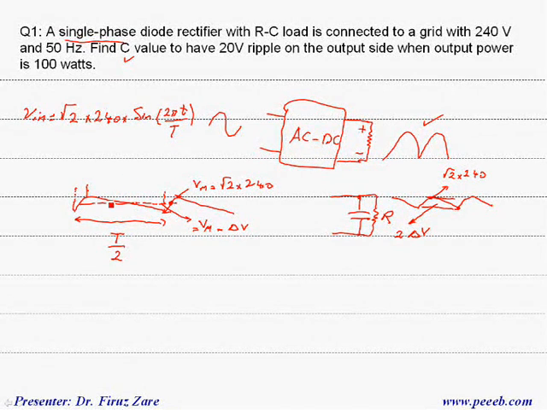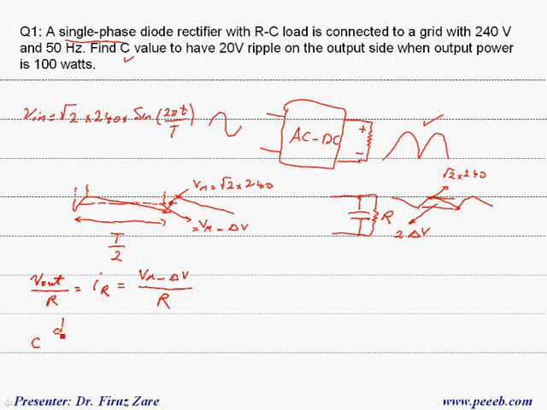Now let's look at the load current. Output voltage divided by resistor is output current, and in this case we concentrate on current through the resistor. Suppose that the ripple is negligible, so in this case the output current is Vm minus delta V over R. Now we can write the equation for the capacitor.